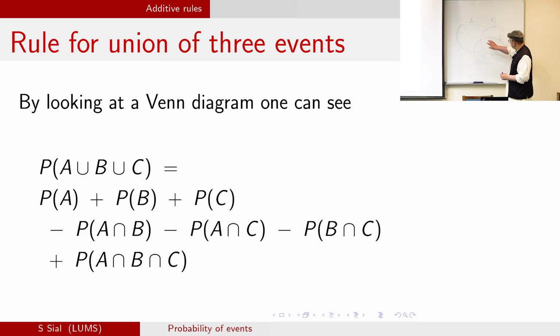But then the triple intersection is included 3 times in the top line. Then it's taken out 3 times in the second line. So I've got to put it back in once, otherwise it'll go missing.